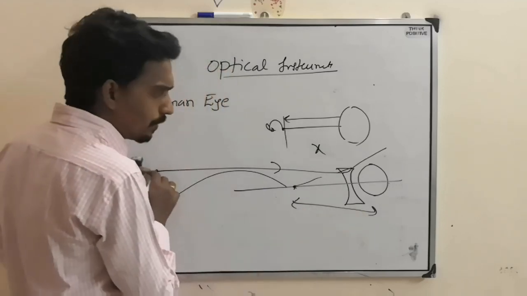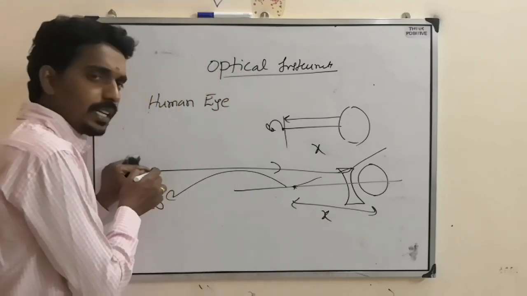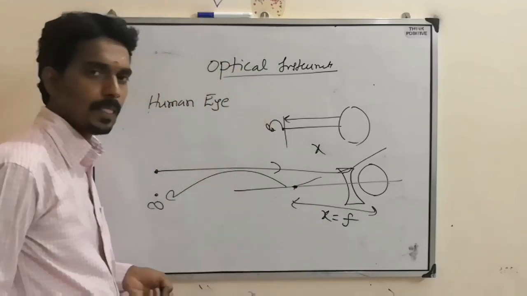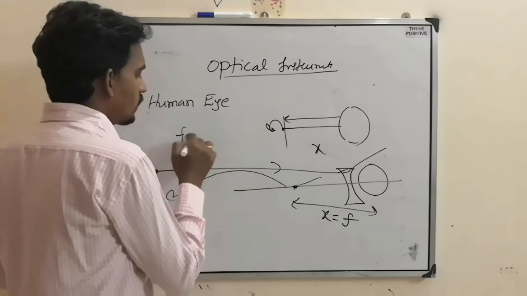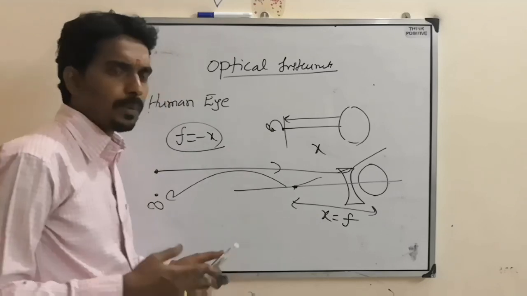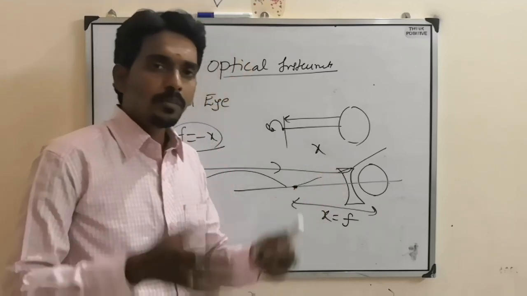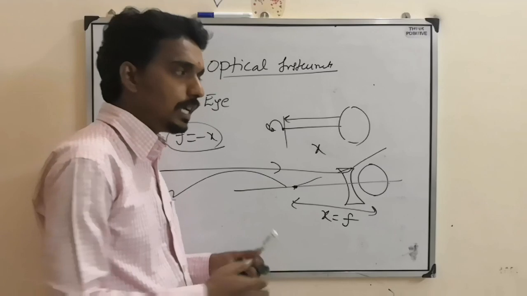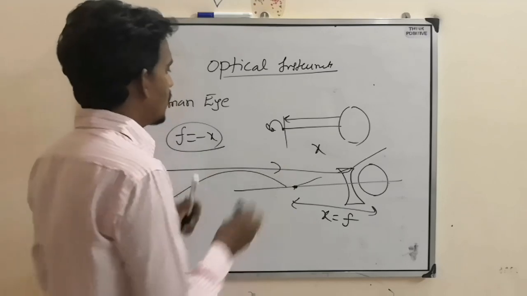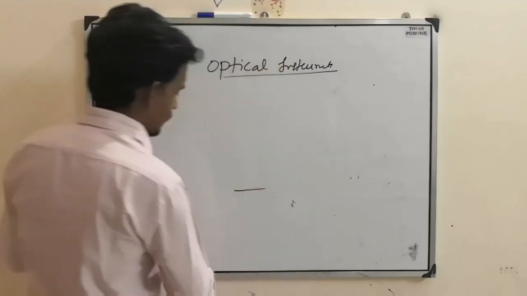That means the object at infinity should be shifted to within this distance, to this x distance. That means when the object is at infinity, the image should form at this point, so this must be equal to the focal length. That means the focal length should be equal to minus x. Why minus? Because it is a concave lens. So a myopic person cannot see far objects; for that we arrange a concave lens. The focal length of the lens should be equal to the maximum distance you can see clearly without the help of the lens. That kind of defect we call myopia or nearsightedness.